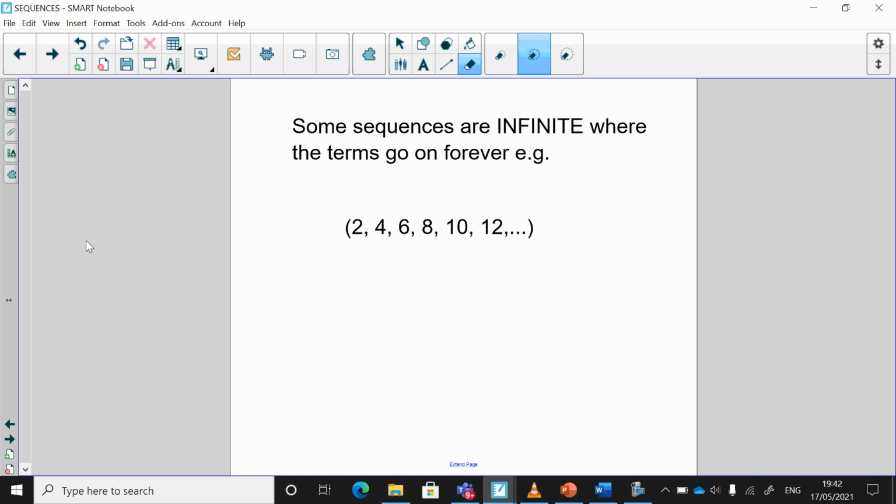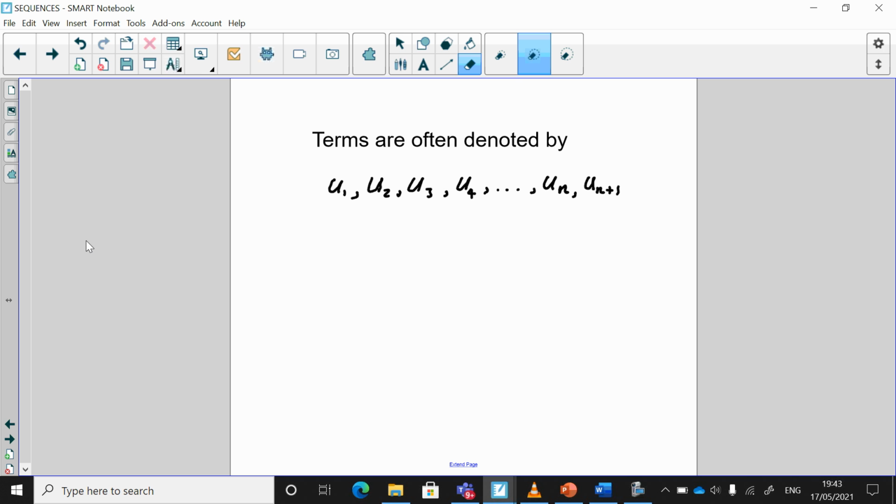Here we've got some notation for the terms: U1, U2, U3, U4, Un, and Un plus 1.